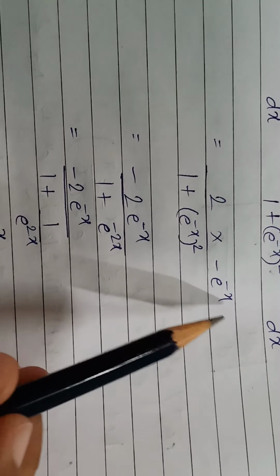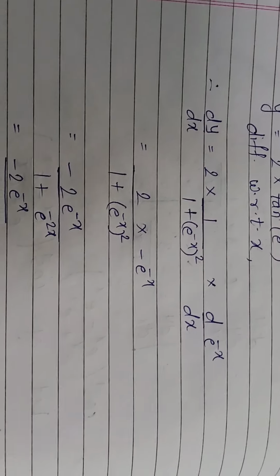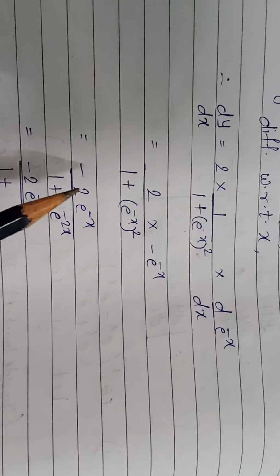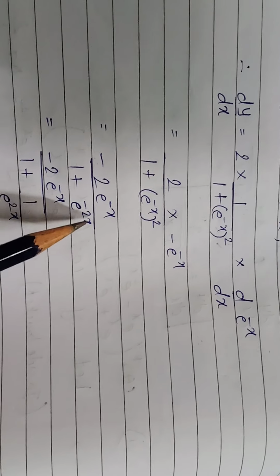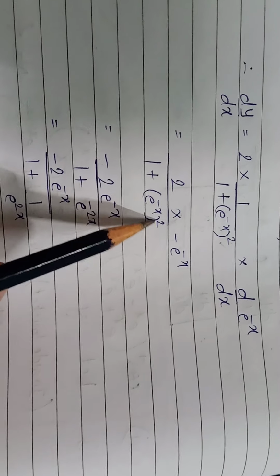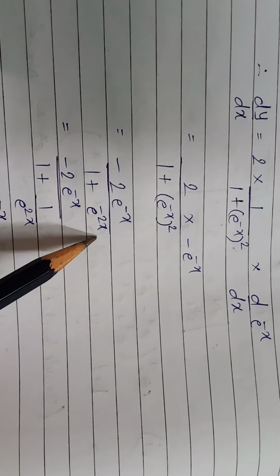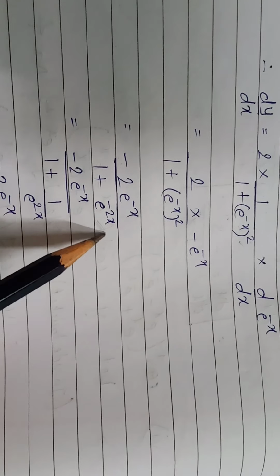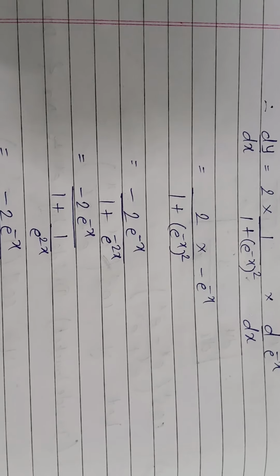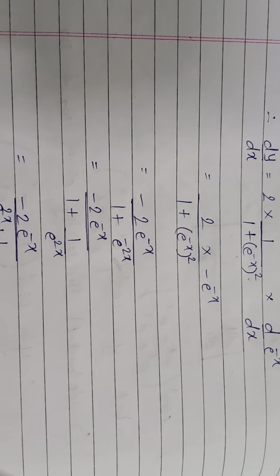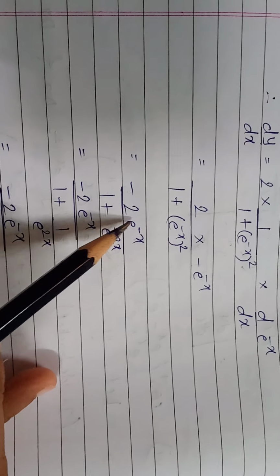So the final, after rearranging, is minus 2 into e raised to minus x upon 1 plus e raised to minus 2x, after multiplying these indices. But we can leave this answer up to here also, but as usually we don't need minus signs in our answer mostly, in the index also we can convert them into plus sign.